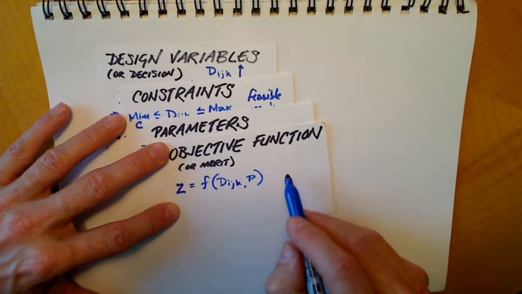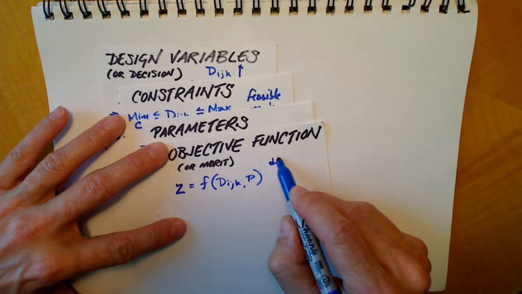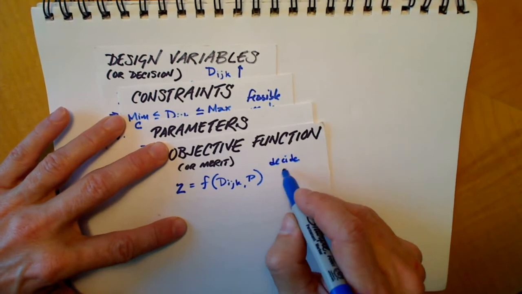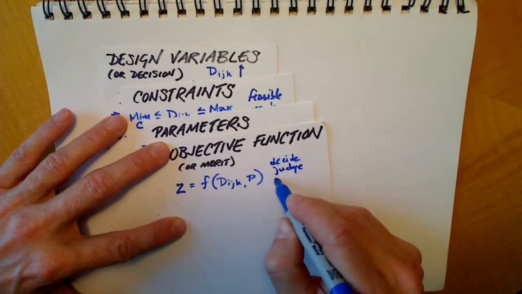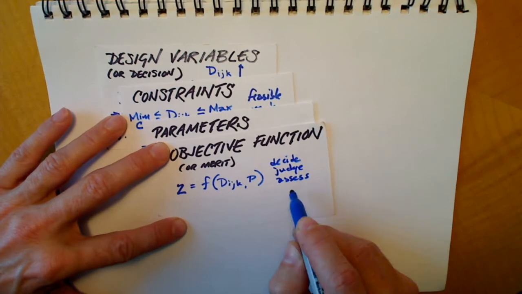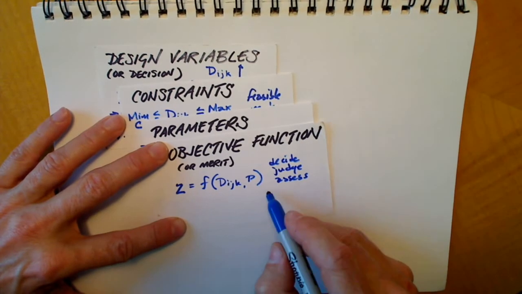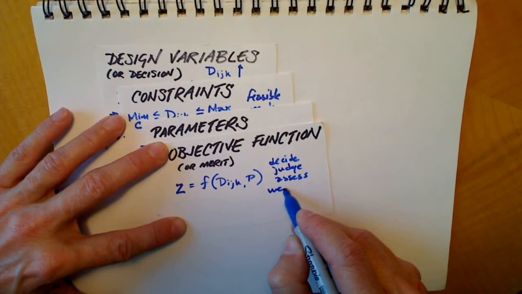This mathematical representation is how we decide, is how we judge, is how we assess whether one combination of design variables is superior to the other.